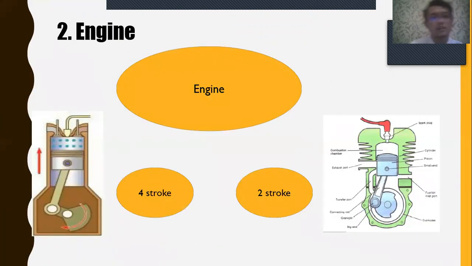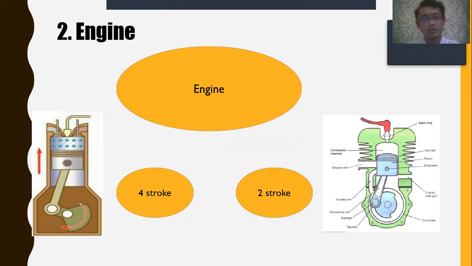Okay, next slide. Engine. Engines have two types. The first type of engine is four-stroke. Four-stroke needs four strokes to get one work, or one power. And two is two-stroke.